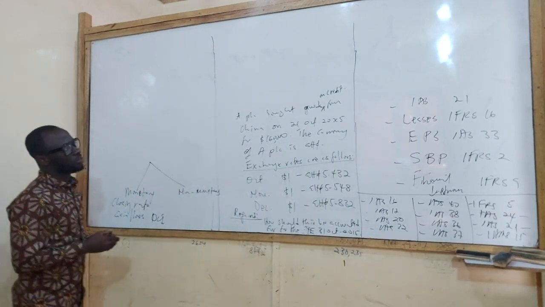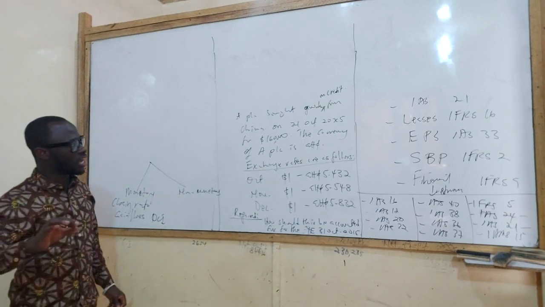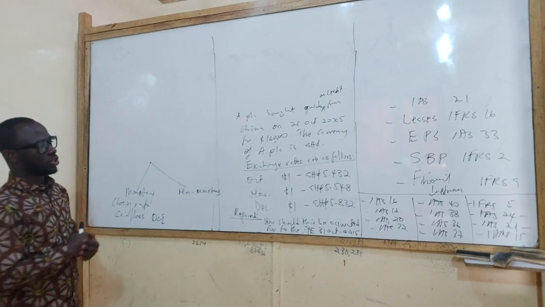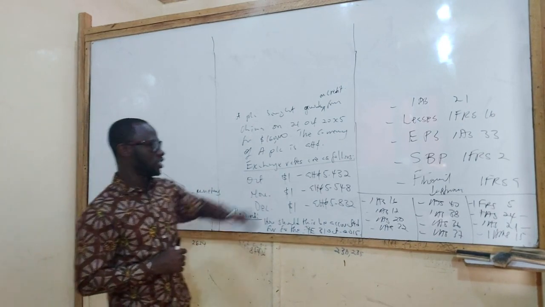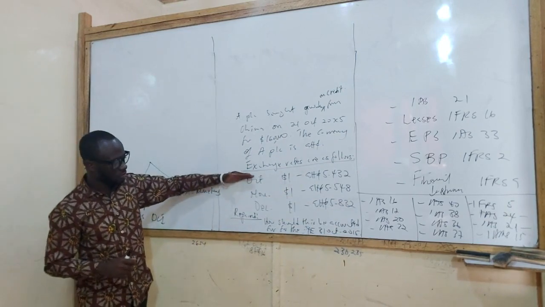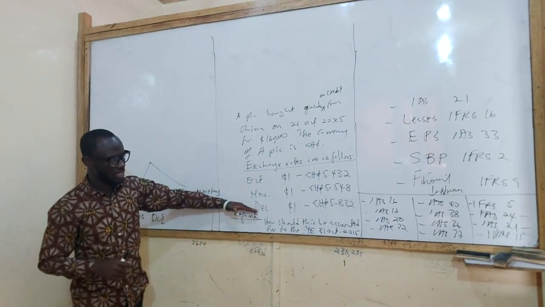APLC bought goods on credit from China on 1st October 20X5 for $160,000. The currency of APLC is the Ghana cedis. Exchange rates are as follows, given for October, November, and then December.